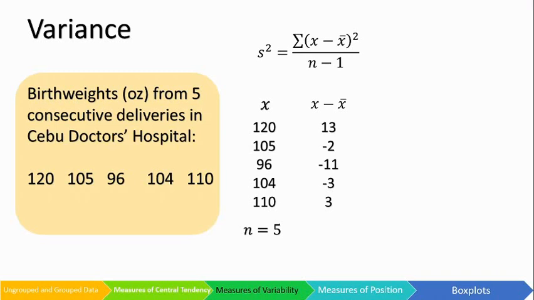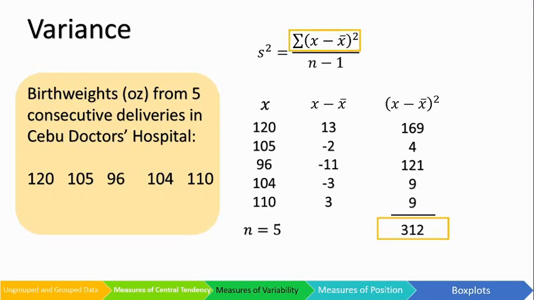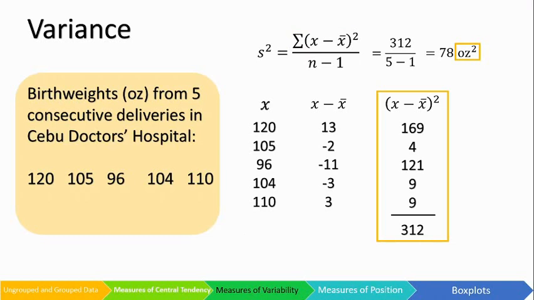Taking the deviations we have computed earlier, we square the deviations and find 169, 4, 121, and 9 for the remaining values. We get their sum, and this becomes the summation of the squared deviations. With n still equal to 5, the variance is 78. Notice that the unit for variance here is ounce squared, since it is coming from the squared deviations.